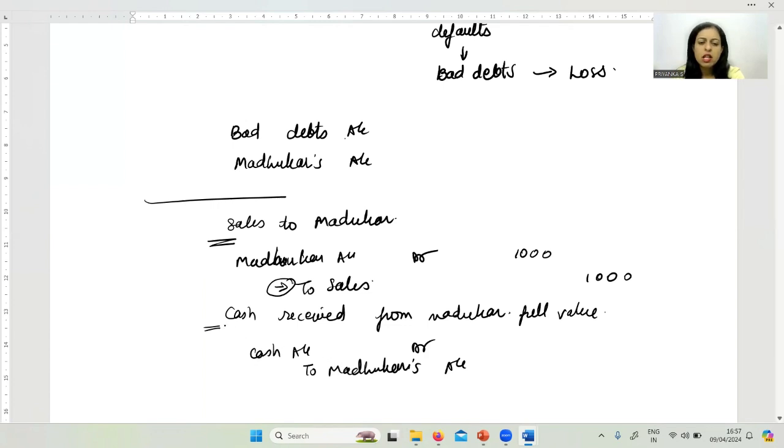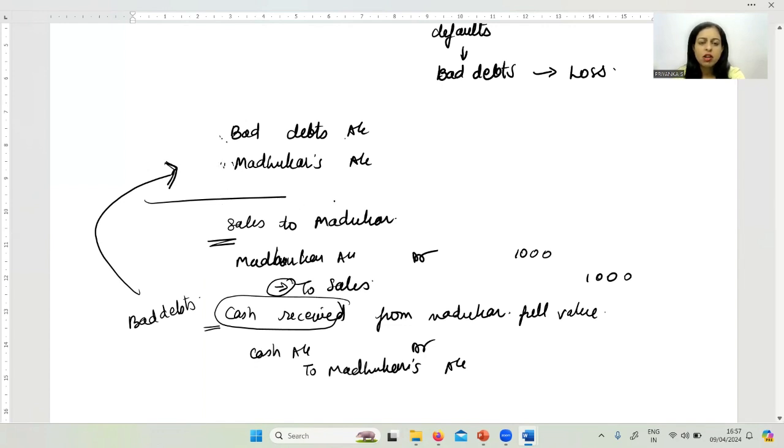Similarly, if instead of cash received, I replace this by bad debts, Madhukar defaulted in payment of this amount. So I will have these two accounts in the transaction, bad debts and Madhukar. There will be no sales.